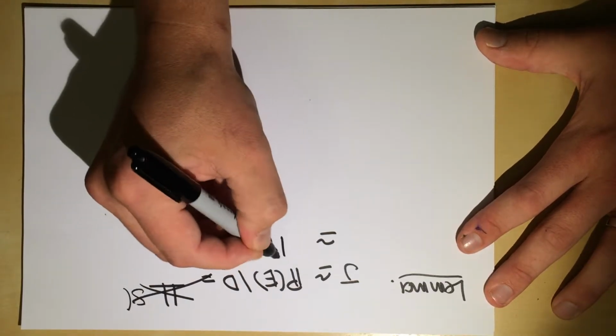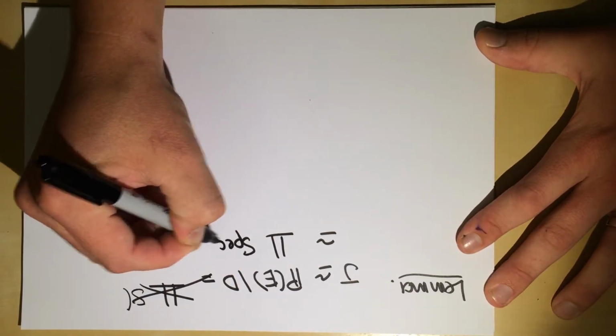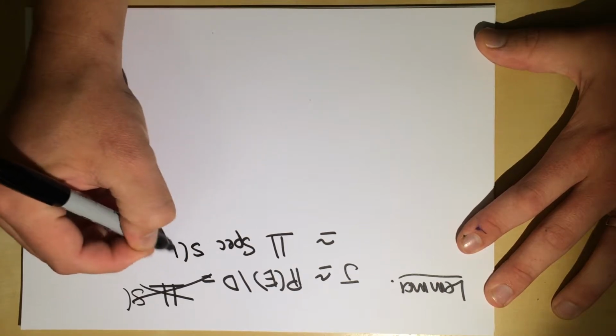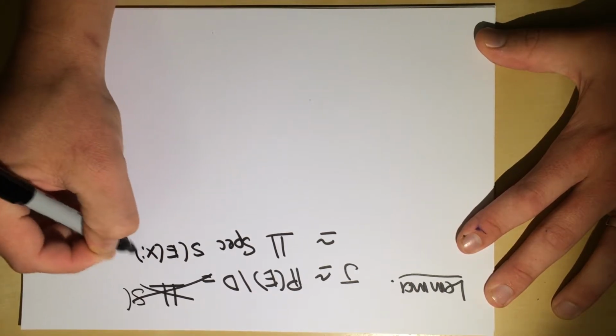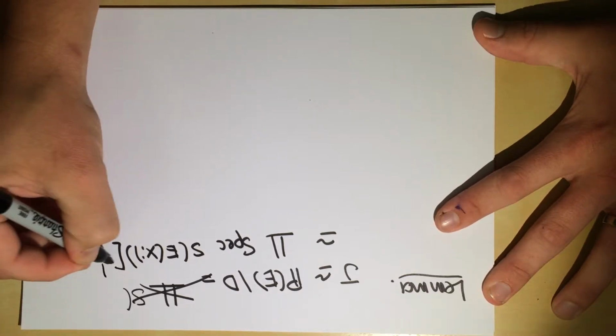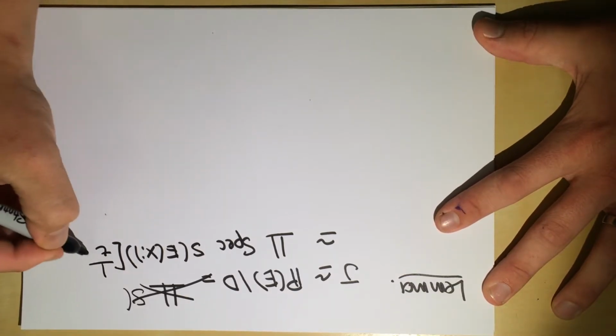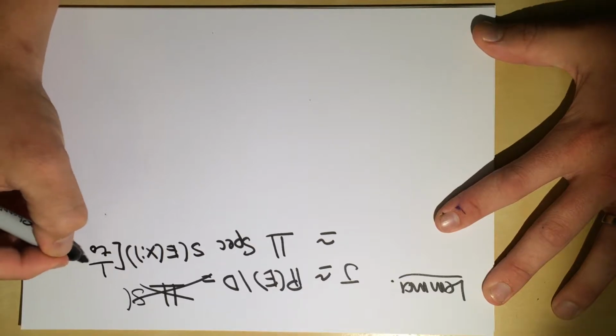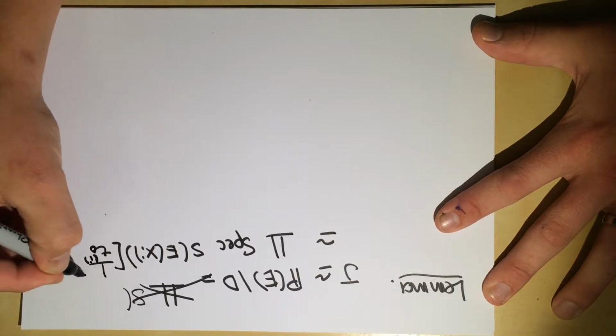Well, I can write it like this: spec of S of E of xi. And then we're going to take a local splitting, and then we're going to invert t, let's say 0, and then this is going to depend on the ith guy here.